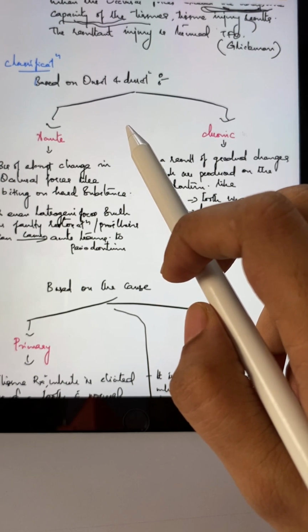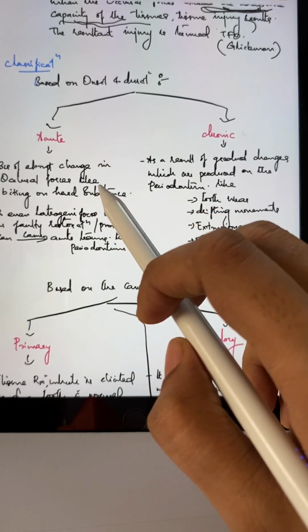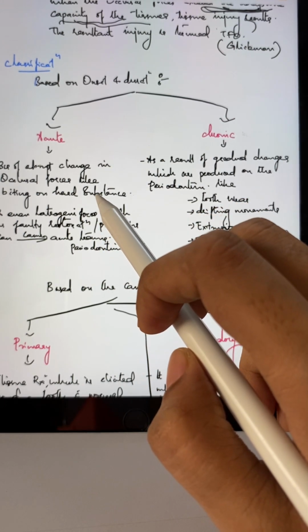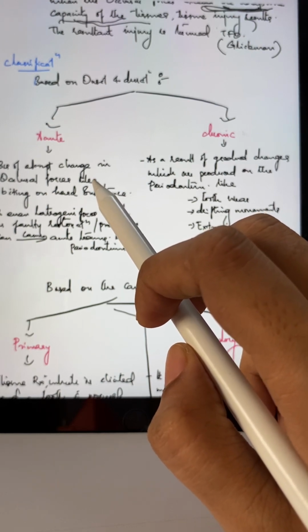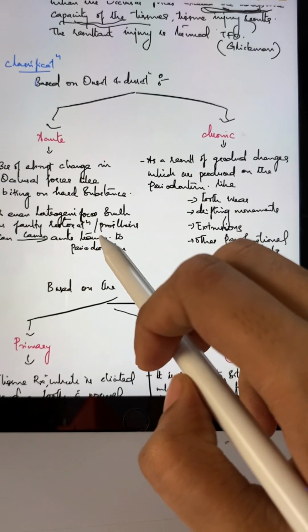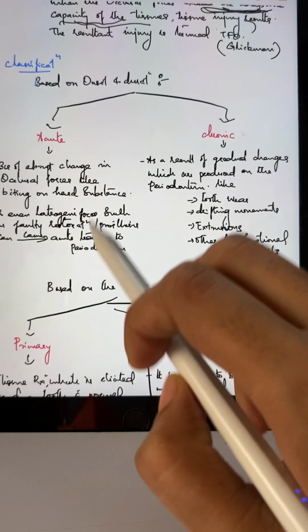When they bite on that high point, definitely injury can happen. If they bite on that for a longer period of time, more than 24 hours or so, then acute trauma can occur to the periodontium.